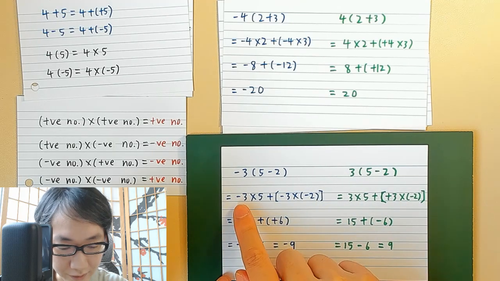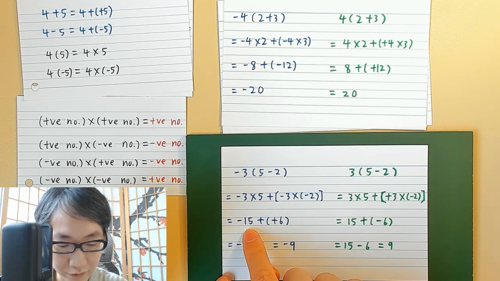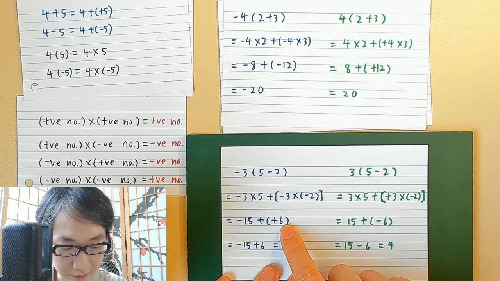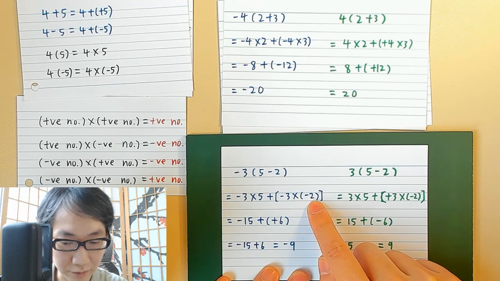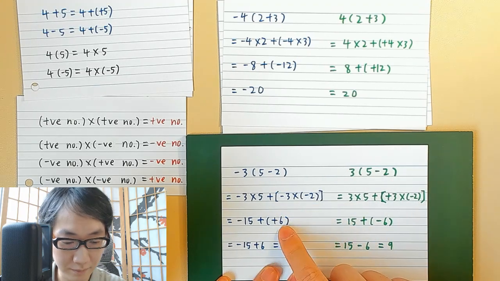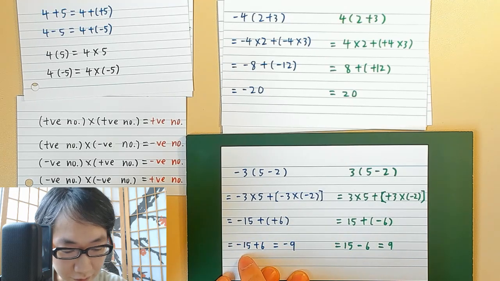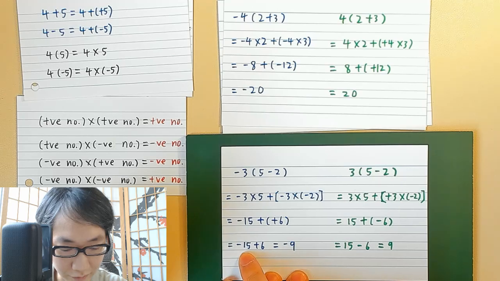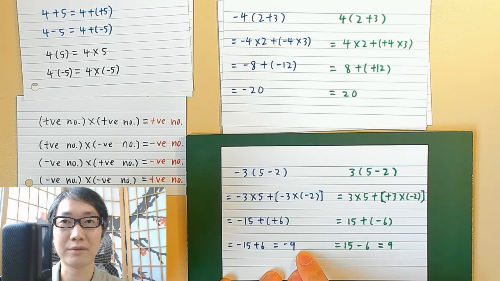Okay, resolving, the first term will be negative 15 because it's negative 3 times positive 5. The second term will be positive 6 because it's negative 3 times negative 2. Then we have negative 15 and positive 6, plus that's nothing. So negative 15, positive 6, and we have negative 9.